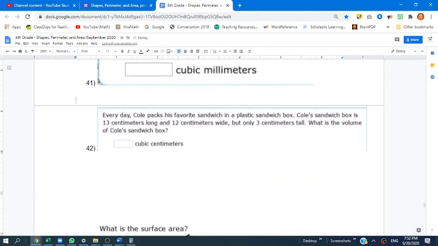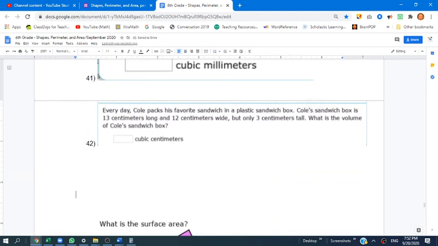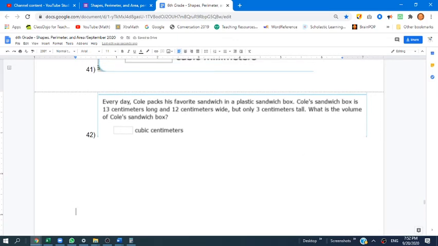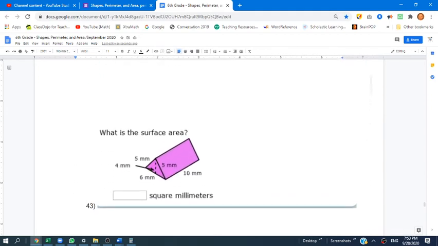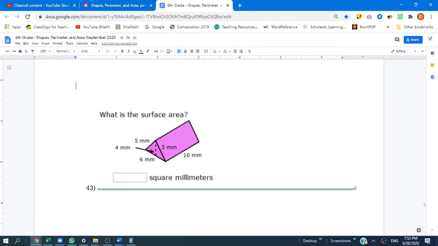Number 42. Every day, Cole packs his favorite sandwich in a plastic box. Cole's sandwich box is 3 centimeters long and 12 centimeters wide, but only 3 centimeters tall. What is the volume of Cole's sandwich box? Number 43.